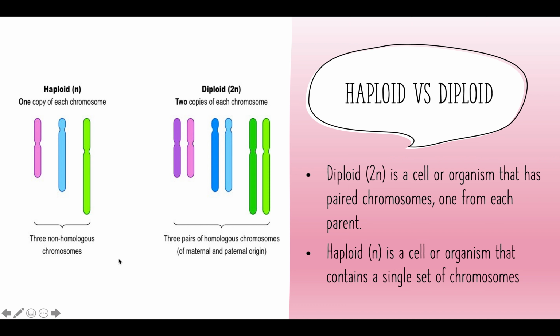This organism having a complete set of chromosomes is said to be diploid. This means that the chromosomes come in pairs. One is inherited from the mother and the other is inherited from the father. We can represent a diploid chromosome as 2n. The value of n represents the number of chromosomes in the organism.